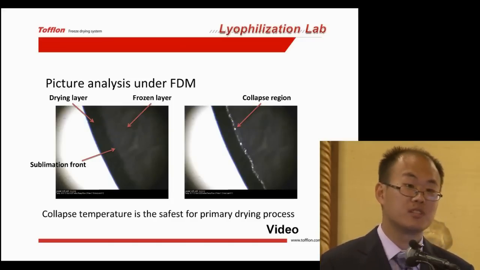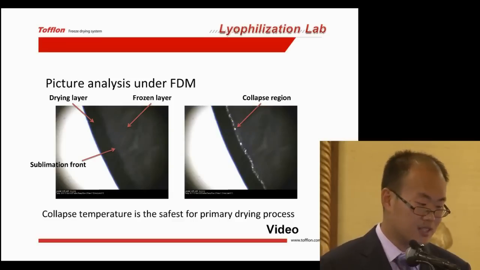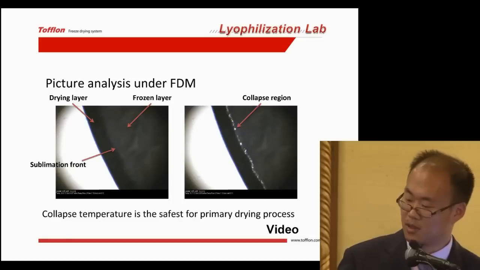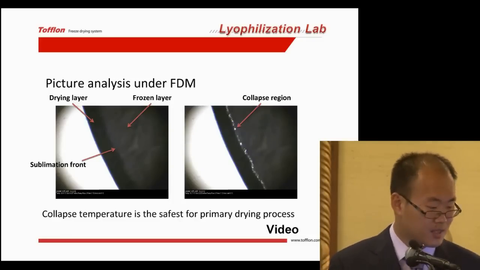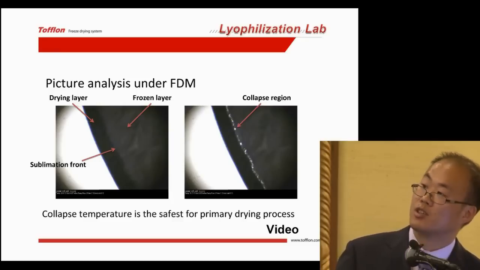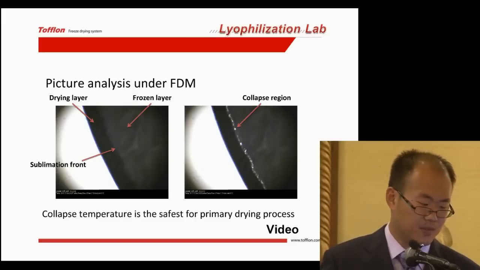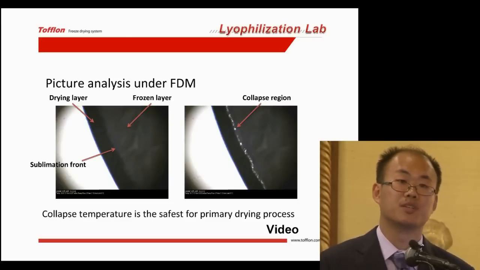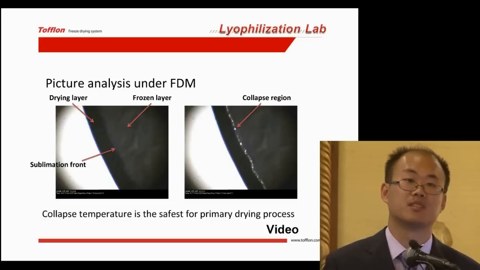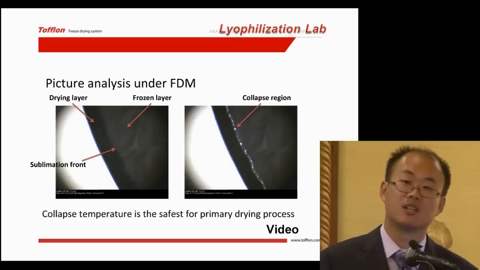So we increase the temperature. As the temperature goes on, the sublimation front goes from left to right. And at some point, just like the right picture, a white point appeared. Now we call it collapse. As time goes on, the collapse grows.